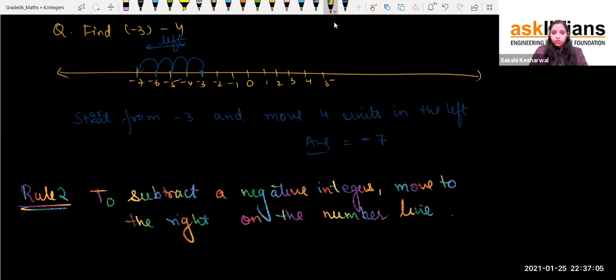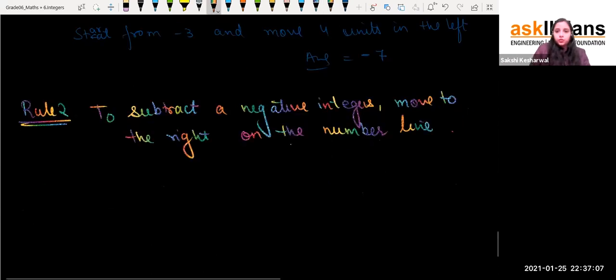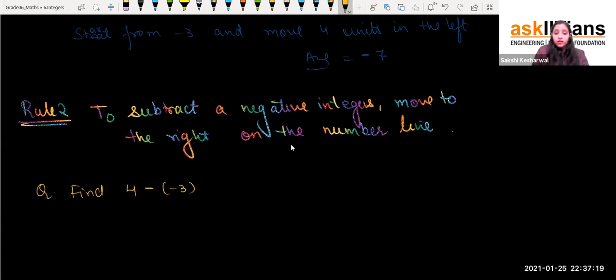Right, now you have to just follow the question, right? What does the question say? The question says over here, find 4 minus of -3, right? So you are subtracting what? A negative number. So you will draw a number line, right?